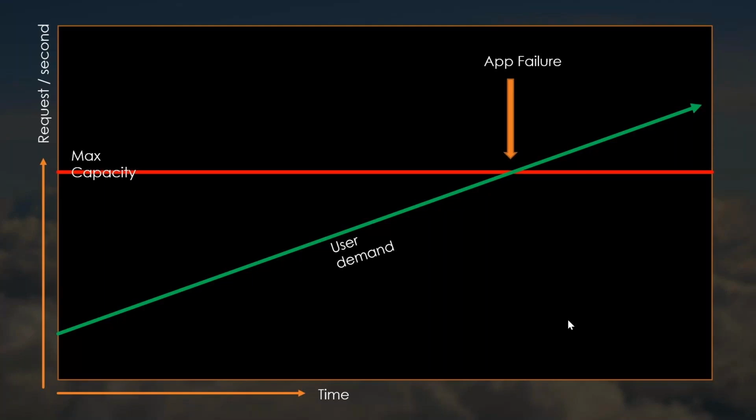You agree? Because my max capacity is only for 500. I have designed my application to support only 500 users, but somehow my demand jumped high and crossed the limit of the capacity I can manage. So definitely it's an application failure. It's like you have prepared food for 100 people and suddenly 200 people come to eat.